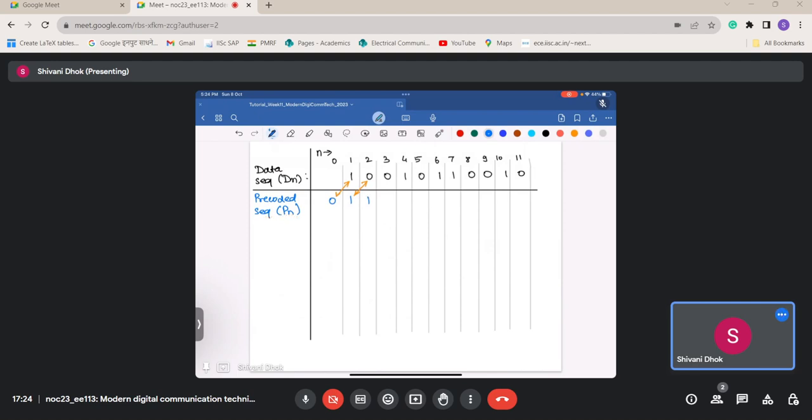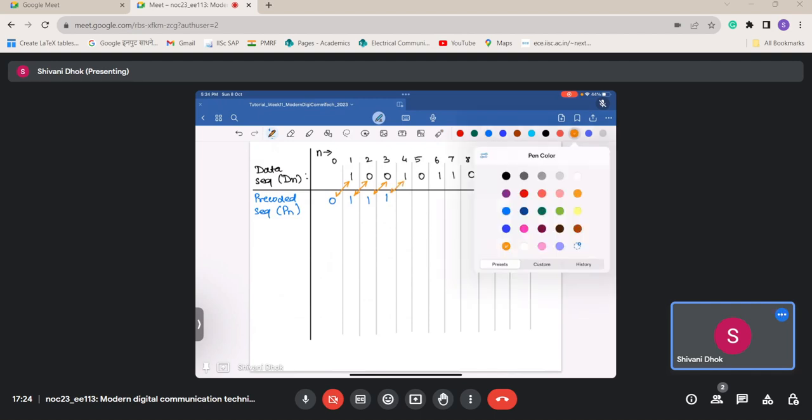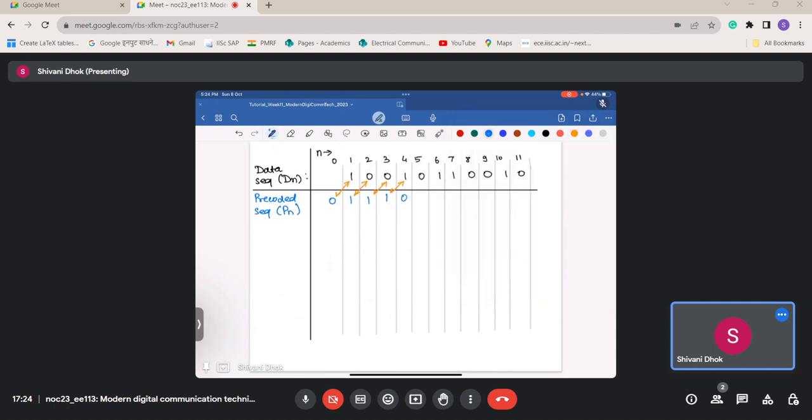Then again XOR of 0 and 1 is 1. Now we have this 1. Then XOR of this 1 and 1 is 0. Then we have XOR of 0 and 0, which is again 0.